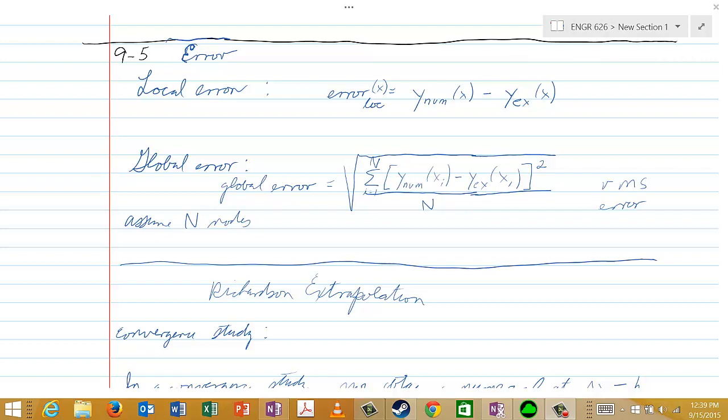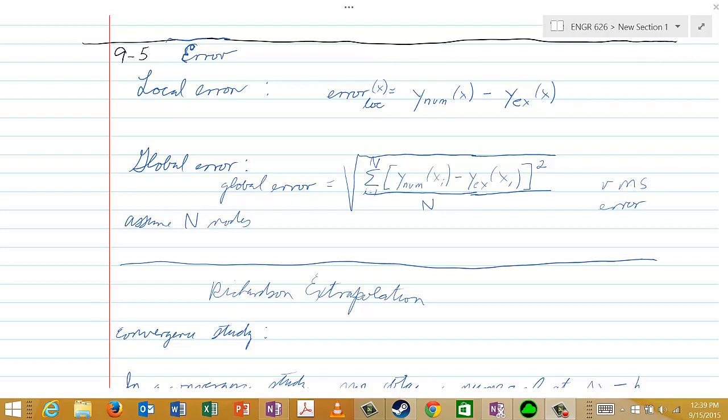You have an idea now of how you might use numerical methods to solve at least an ordinary differential equation, and you have also seen how error can arise in this solution under certain circumstances. Now in today's video, we want to explore this idea of error a little more closely and to see in a very interesting way to reduce the error.